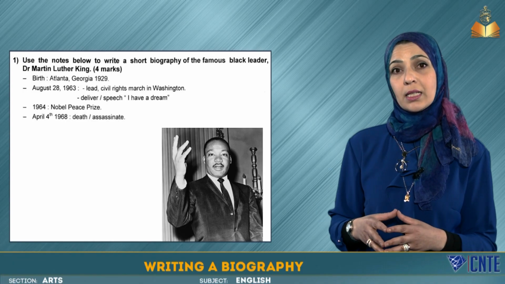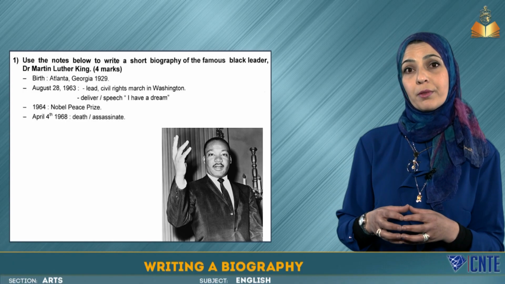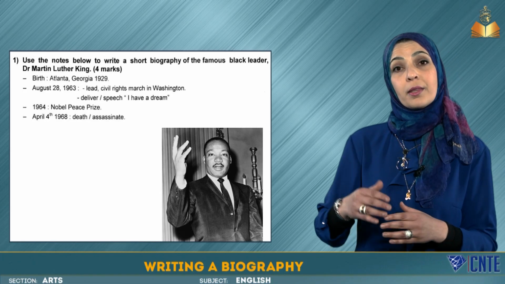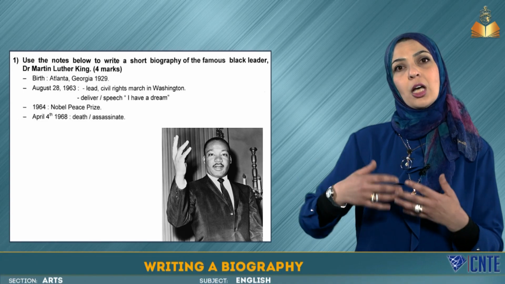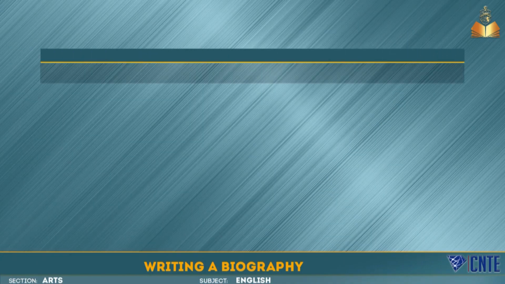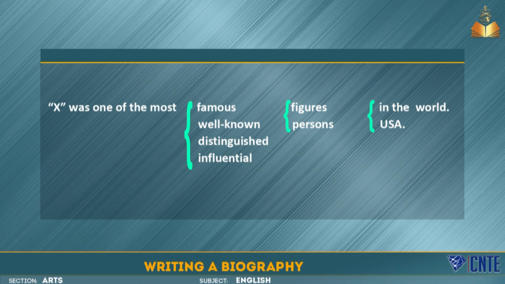Before we start writing, we must always start to think about the possible expressions that we can use in our introduction and jot them down on the draft paper. For instance, X was one of the most famous or well-known or distinguished or influential, we say, figures or persons in the world or in the USA or in any other part of the world.